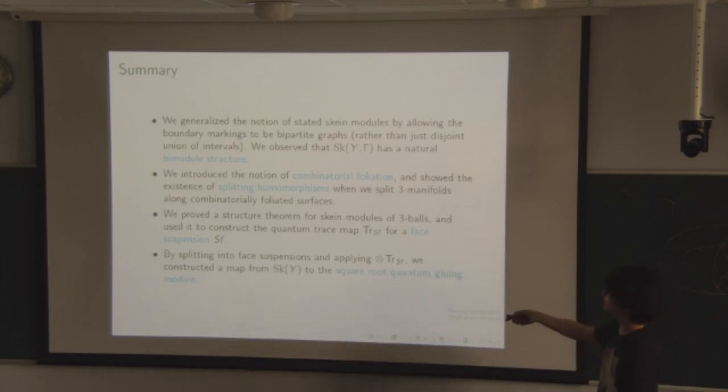One can use this quantum trace map to insert line operators in the state integral model. So if we want to insert a Wilson line, say associated to some skein, then we can just compute the image under this 3D quantum trace map. That's already expressed in terms of these quantized shape parameters. So we can just put it in the state integral model.